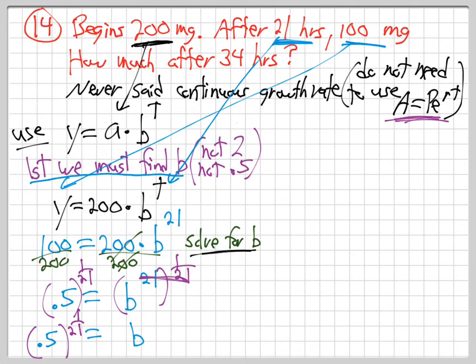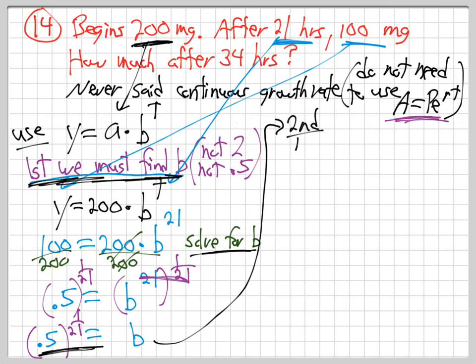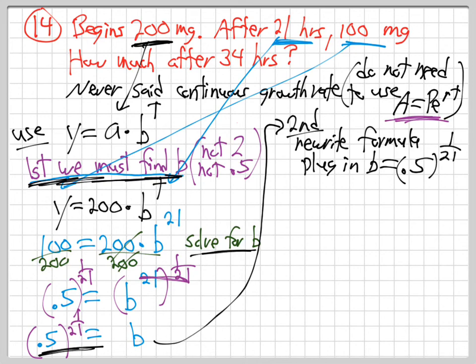So now, let's bring that up here. This is the first phase. First, I had to find b. Got it. There's b. It's 0.5 to the 1 over 21. Now, second, rewrite the formula, plug in b equals 0.5 to the 1 over 21.